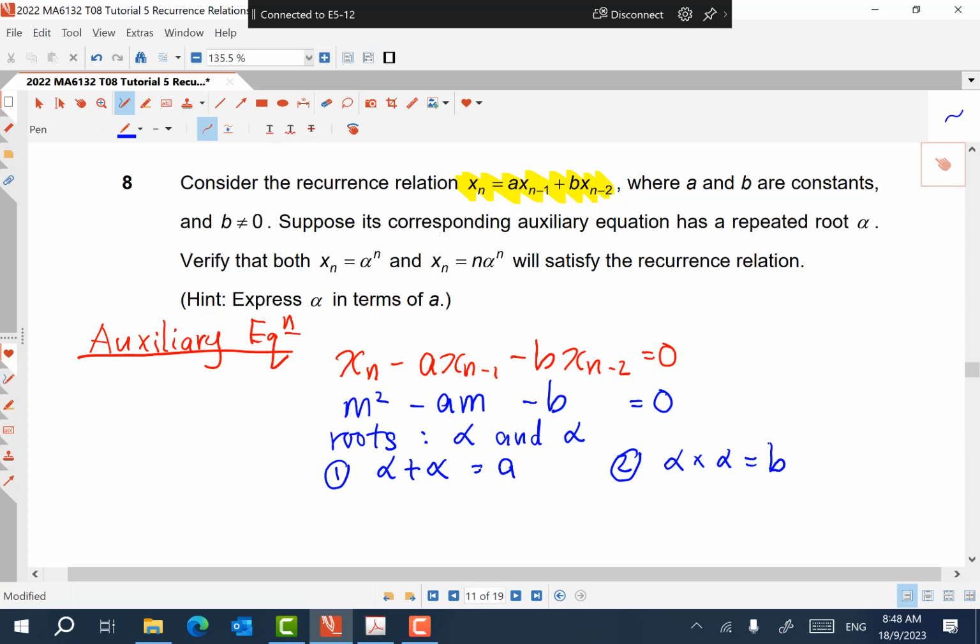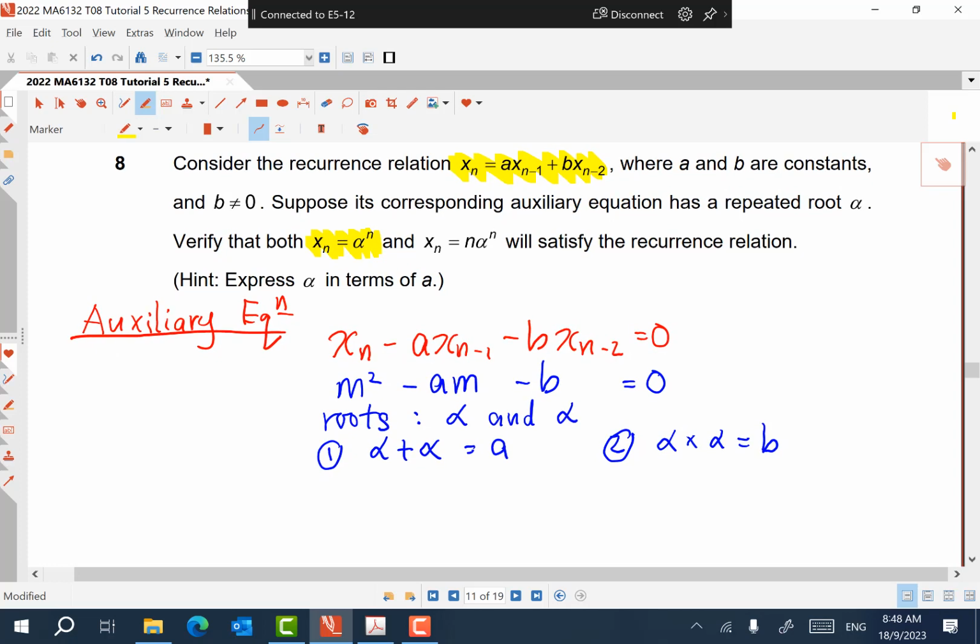So the question wants you to verify 2 things. It wants you to verify that this is a solution. Okay, so how do you verify that this is a solution? We want to start off this way, no?